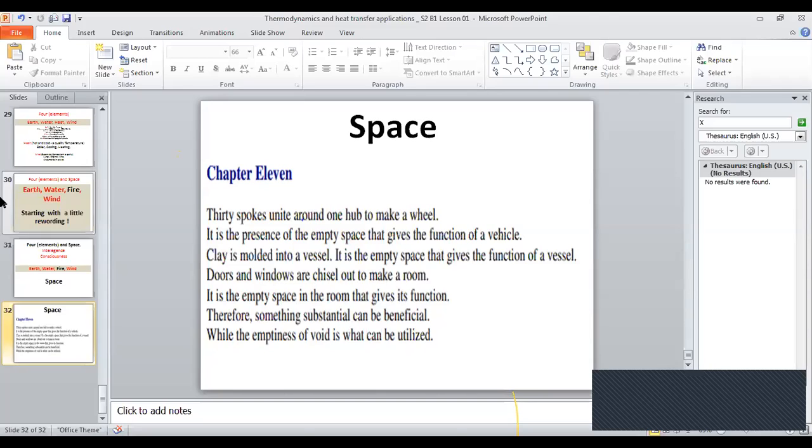And the sentence before the last sentence: therefore, something substantial can be beneficial because of the empty space, because of utilizing empty space, understanding empty space.